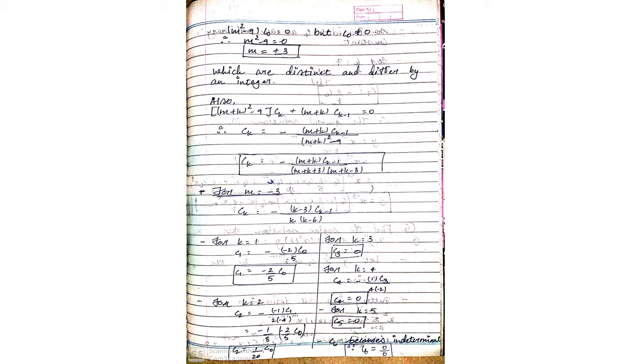So you have to apply the formula m1 − m2. Now m1 is −3 and m2 is +3, and check that m1 − m2 belongs to Z. So −3 − 3 is −6, which belongs to Z. So case 3 will be applicable.